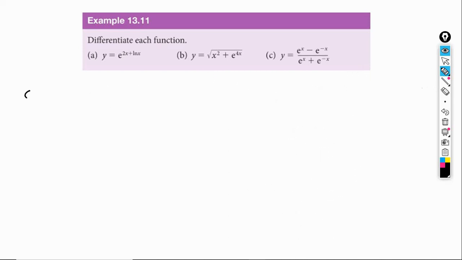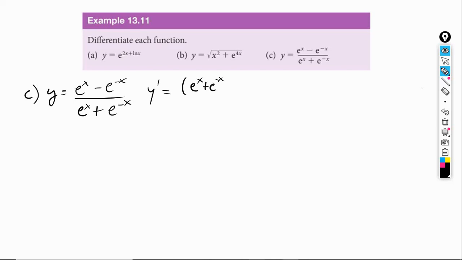Okay, so now for C, let's write y is equal to e to the x minus e to the minus x over e to the x plus e to the minus x. Okay, so the derivative of this, applying the quotient rule. First we write the denominator, so e to the x plus e to the minus x times the derivative of the numerator.